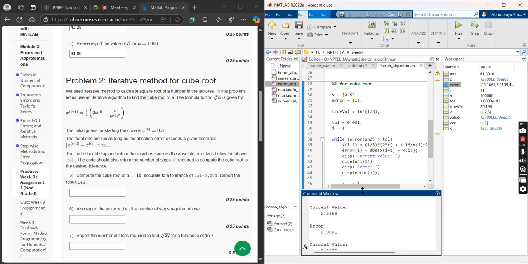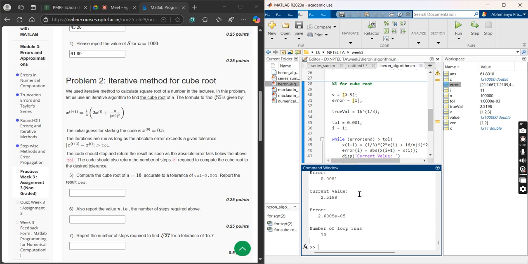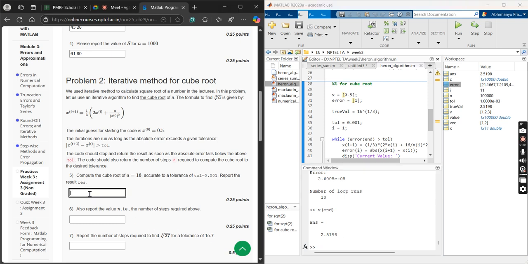We can just take the last value of x. We need 4 significant digits, so 2.519.